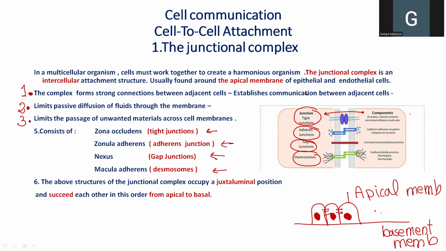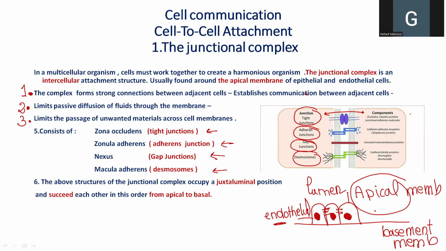And as we said, they're always towards the apical membrane, and therefore they're always towards the cavity or the lumen if we are talking about endothelial cells that line an organ, like the endothelial cells that line the small intestine.